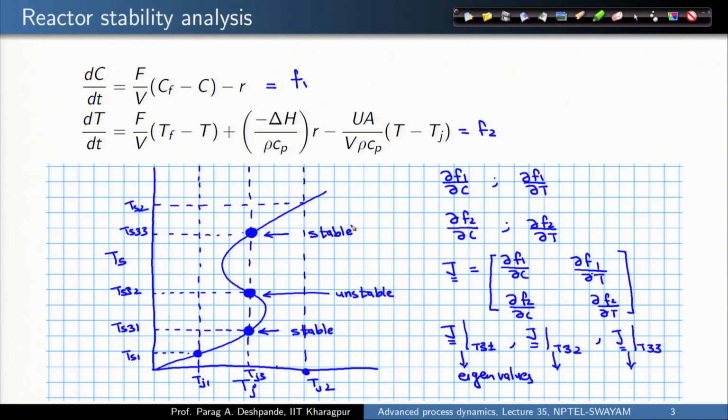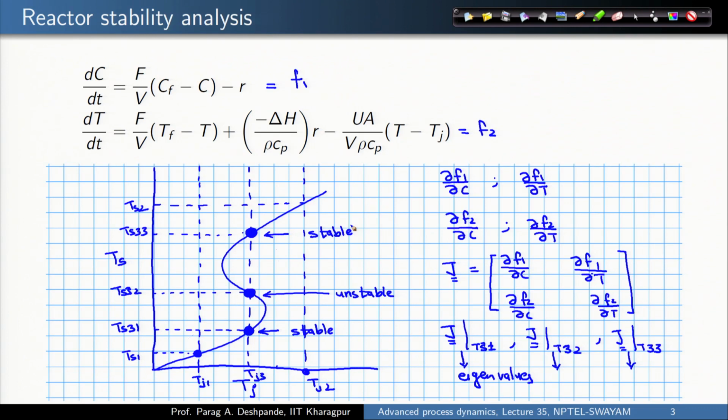The Jacobian will be determined at these 3 steady state temperatures. When you determine the components of the Jacobian at these 3 points, you will be in a position to determine the corresponding eigenvalues.